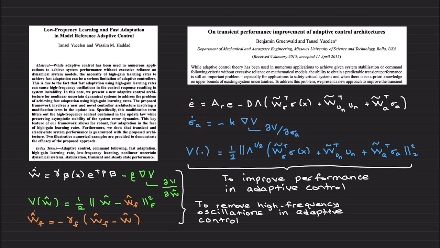Maybe I should mention sooner, right? Since I am enforcing a constraint, taking the derivative, which is added to this sigma A dot equation, I am taking the gradient with respect to sigma A. Similar to here, I am adding a term here, so I am taking the cost function's gradient with respect to W hat because I am adding this term to W hat dot. Something to remember.